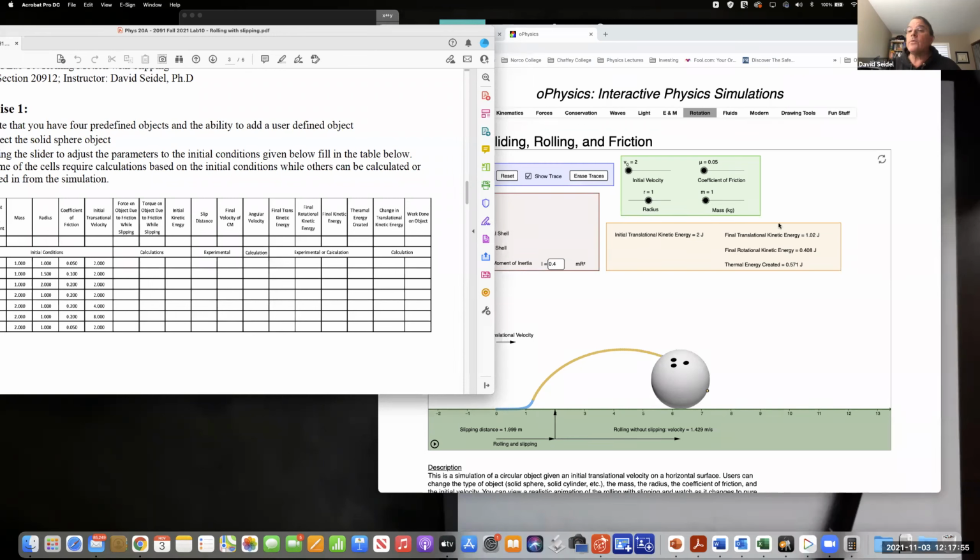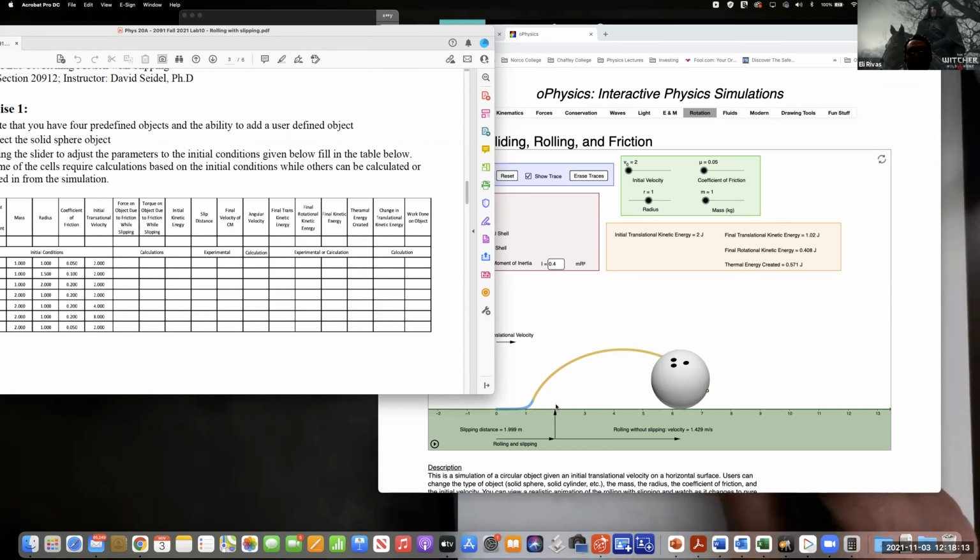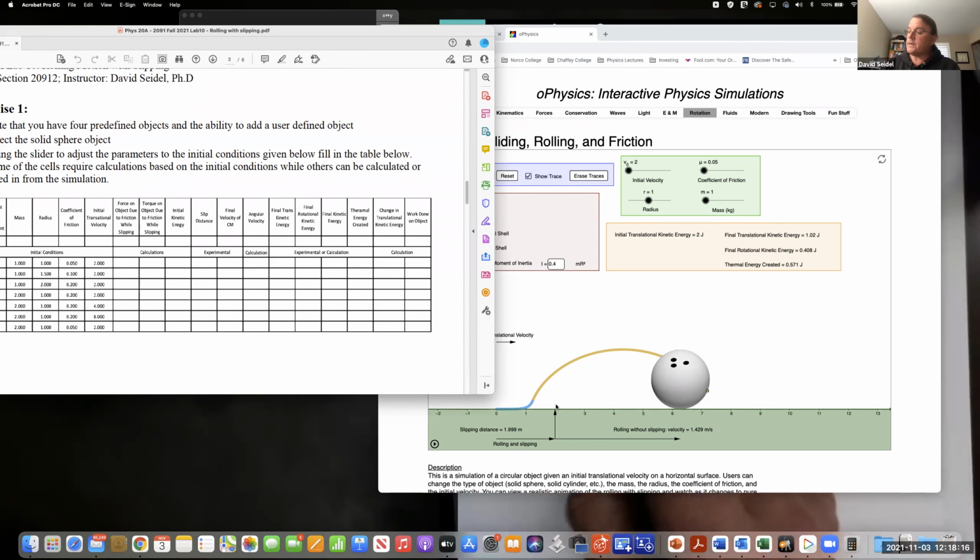Now, we can do work on an object by doing force times distance, F times D. That's the work done by friction on the object. In this case, our force is mu mg.